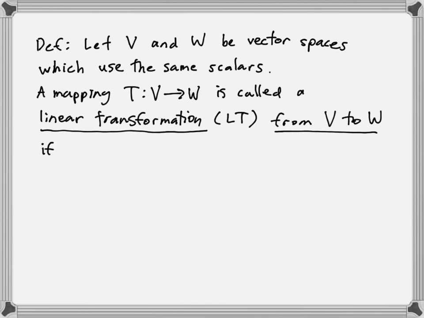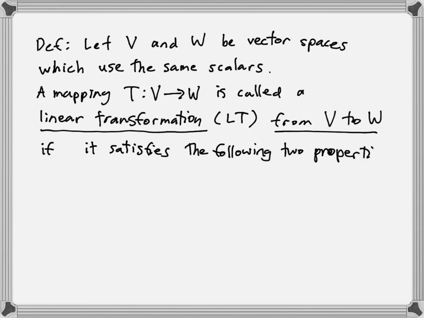So what is the definition? We're going to say it is a linear transformation if it satisfies the following 2 properties. So for all u and v in V, and for all scalars c, the following 2 things have to be true.